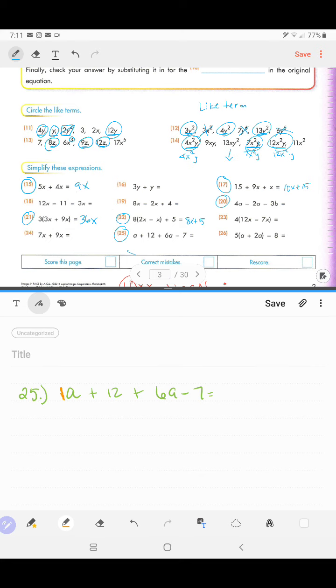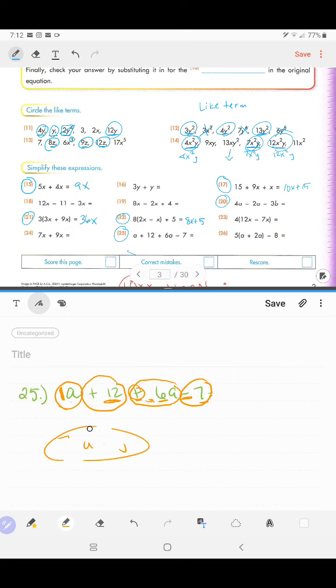We've got 1A, because again, invisible 1, and positive 6. Don't forget that sign goes with it, not the sign from the back. It's the sign from the front. So 1 plus 6 is 7A. And then we've got positive 12 and negative 7. So 12 minus 7 is 5.